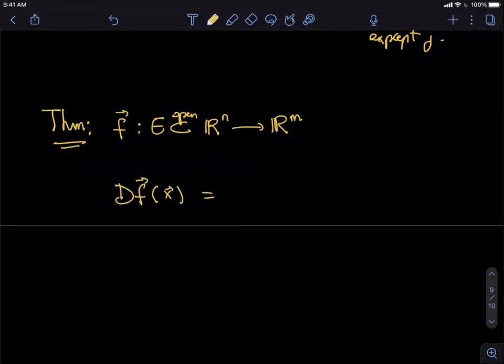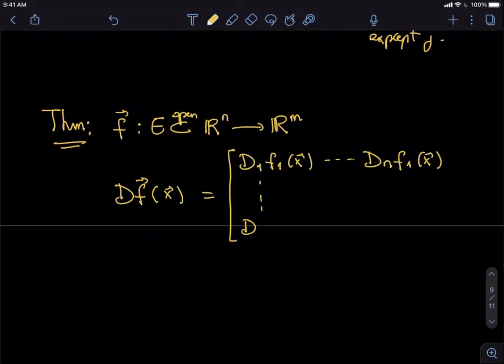So this is given by the matrix that has coordinates D1 f1 at x, and so on. Then Dn f1 at x, and then here we have D1 fm at x, and then here Dn fm at x.